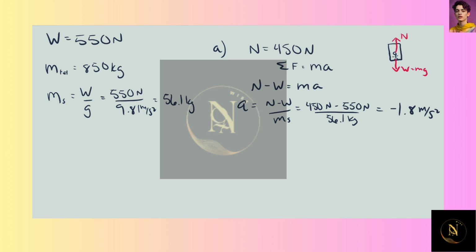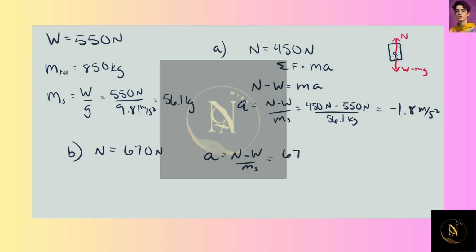So this is part A. In part B, it's the same kind of situation, but now the scale reads a normal force of 670 newtons. So we can use the same equation here. Our acceleration is still going to equal normal force minus their weight divided by the mass of the student.